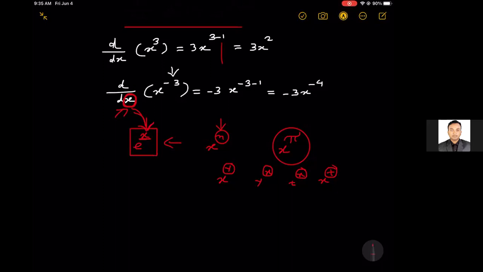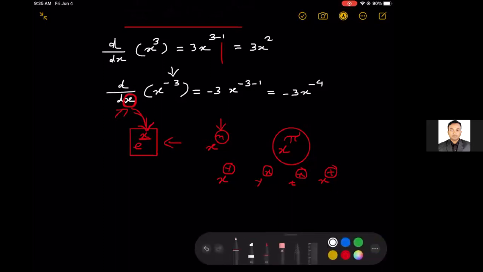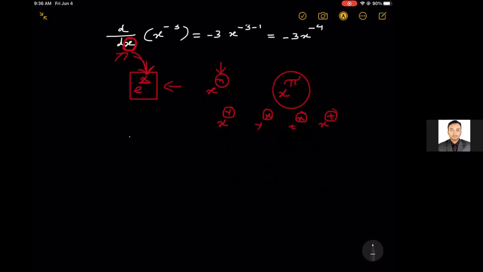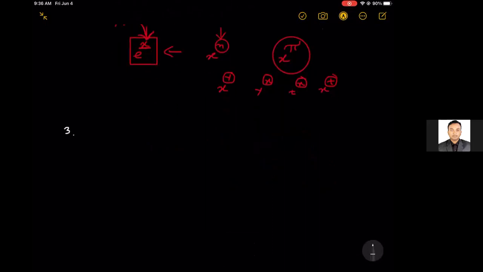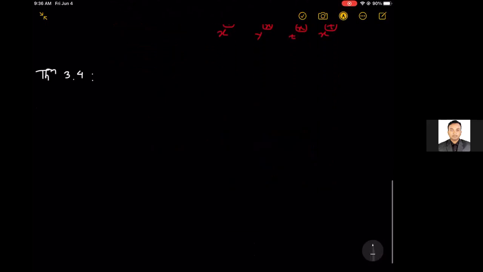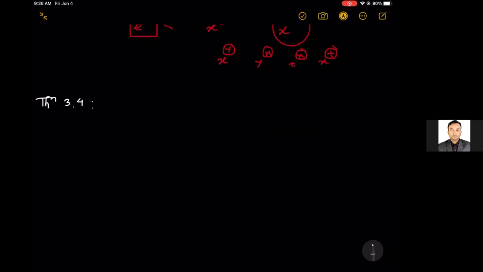It's 3.4. Theorem 3.4, by the way. And it says, it's a slight mixture of theorem 3.2 and theorem 3.3.